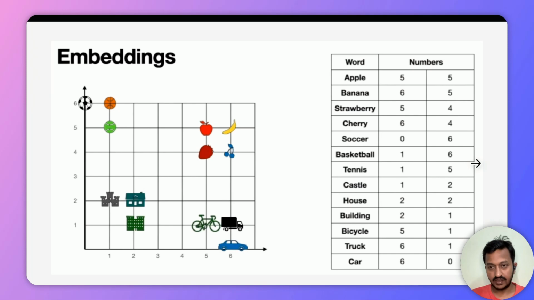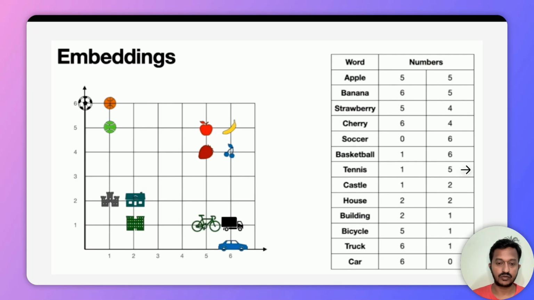If you see the word apple and the numbers, it's just a hypothetical example, right? Apple can be represented as 5, 5. Banana can be represented as 6, 5. So that's how they are grouped.